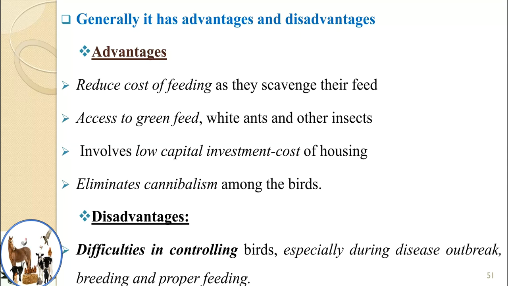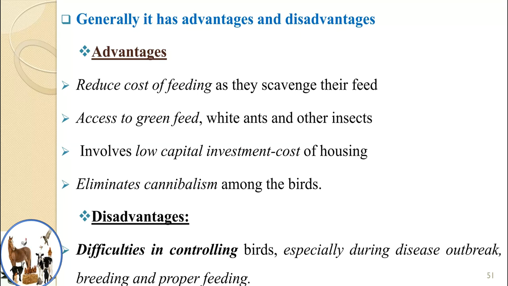This system also has advantages and disadvantages. The advantages are reduced cost of feeding, as they scavenge their feed, and access to green feed, white ants and other insects. Everyone knows that whenever birds go scavenging, they may also feed on some green plants, the ants crawling on the mud, certain worms like earthworms, and a few insects, which are the best food, the lunch or the breakfast, whatever it may be.